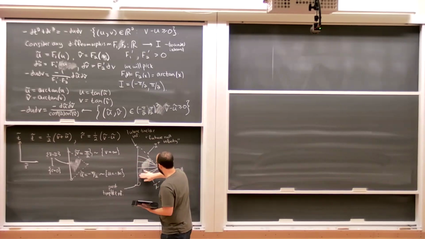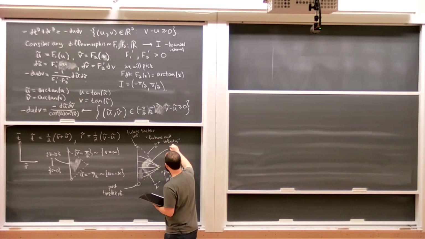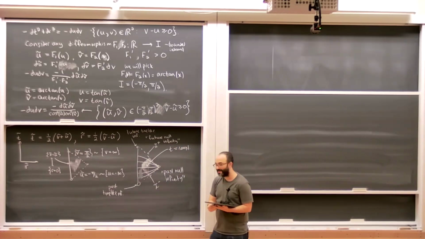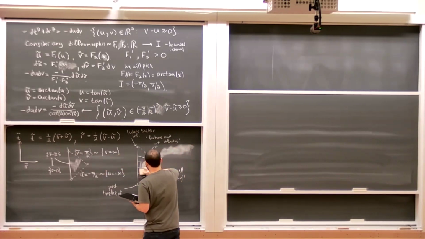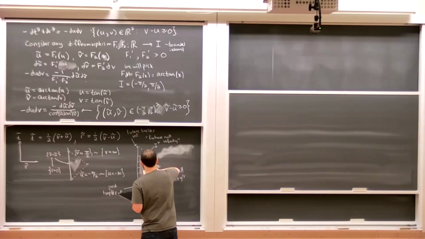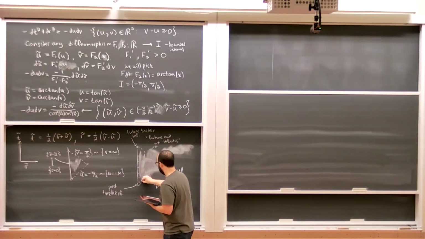These are t equals constant. And then finally, we have r equals constant.